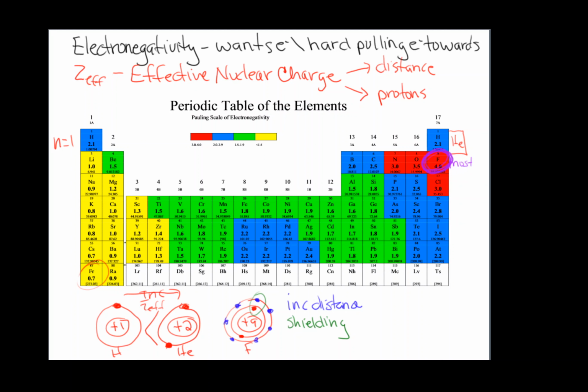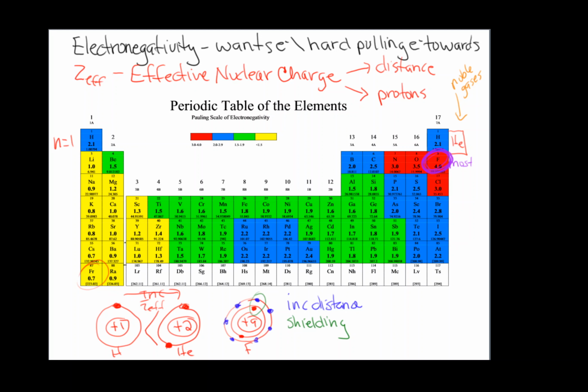Now, you all noticed that I'm missing an entire column. Where are my noble gases? We could talk about effective nuclear charge and noble gases, but electronegativity is how much an atom wants electrons, or how hard it's pulling electrons towards itself. The noble gases don't want any. They have a perfect shell. They're completely full. They're completely happy.